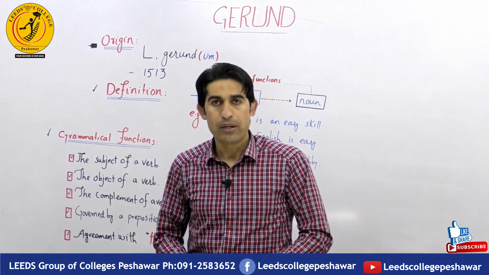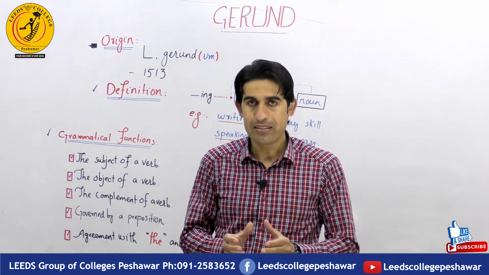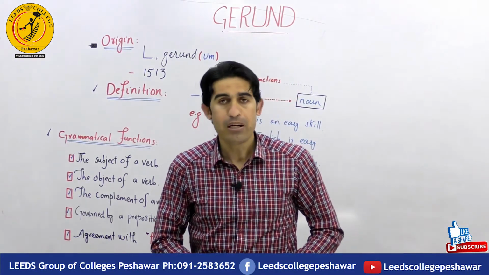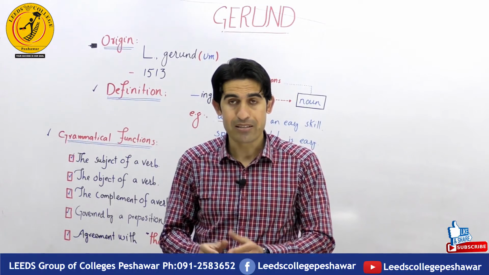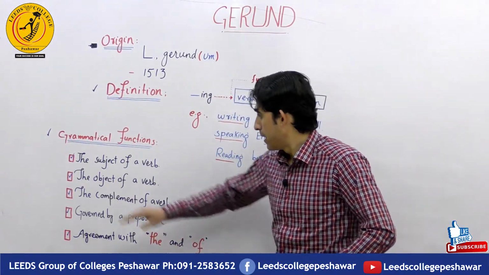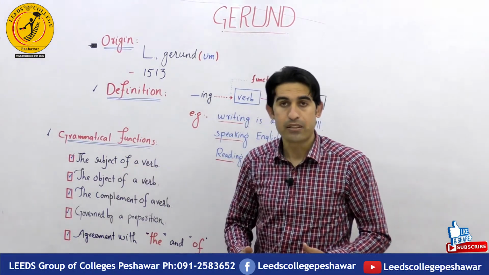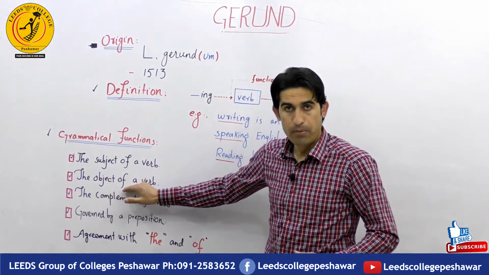Now coming to understand the grammatical usages or syntactical functions of the gerund in a sentence. Remember, gerund performs different and various functions in a sentence, including number one, the subject of a verb. Its second function is it may be the object of a verb.